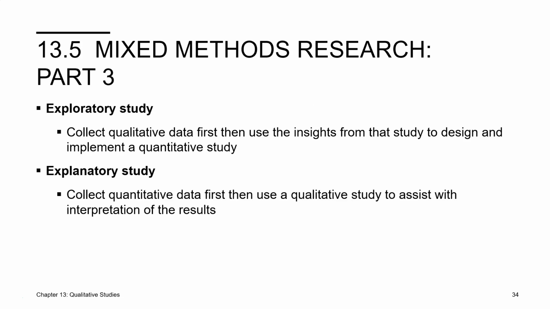In an exploratory study, qualitative data are collected first, and then you use the insights from that study to design and implement a quantitative study. In an explanatory study, quantitative data are collected first, and then you use the qualitative study to assist with the interpretation of the results.